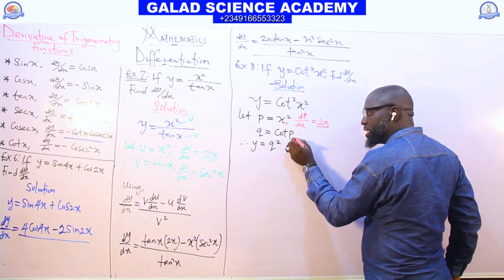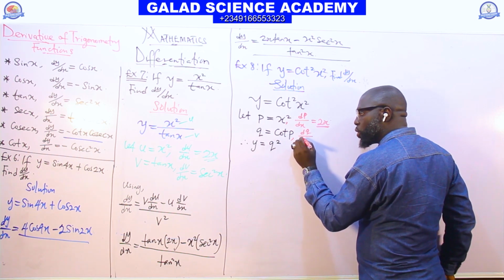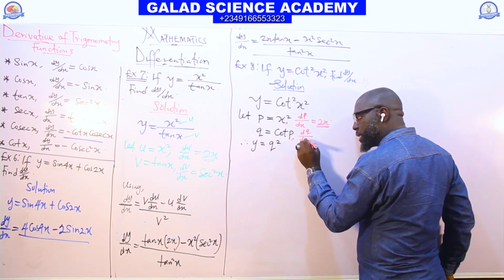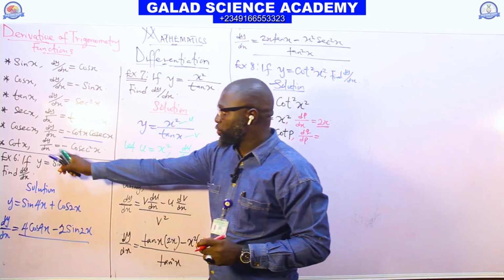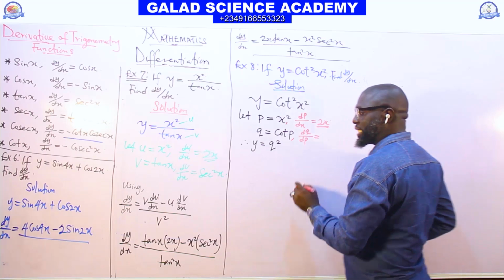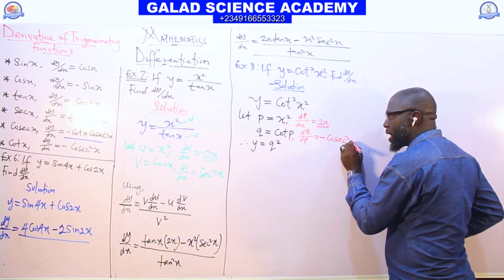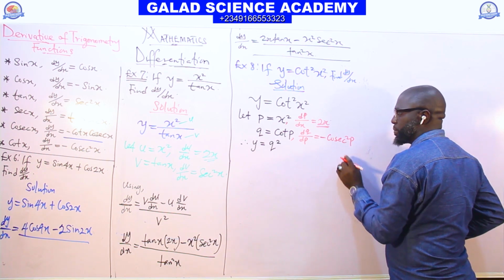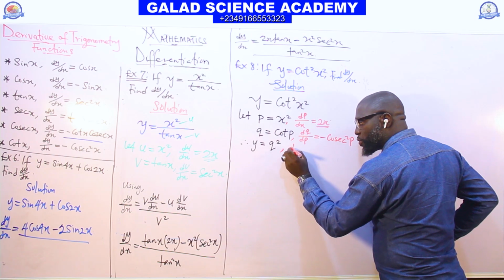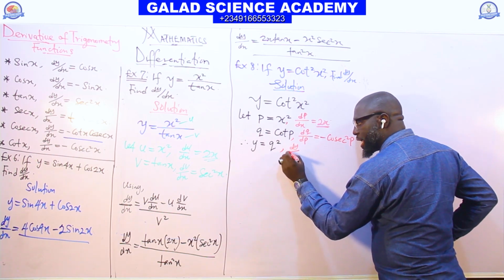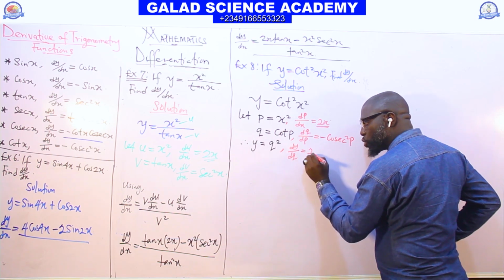Done. Differentiate dQ dP. The derivative of cot, don't forget, is minus cosec square P. And derivative of y against Q will give you 2Q.